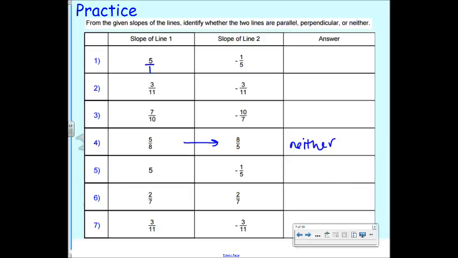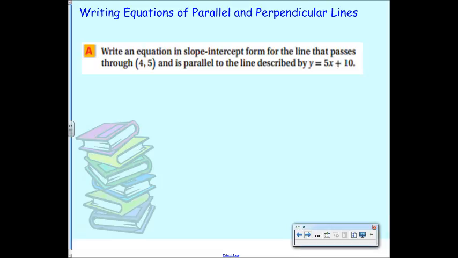All right? Okay. So how do we then use that information to write equations of a line? Letter A says write an equation in slope-intercept form. So slope-intercept is which? You do not need to memorize the equations, but you do need to know which is which, okay?